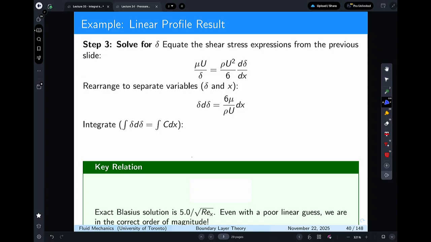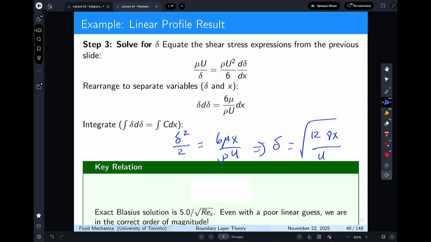And you end up with delta squared over 2 approximately equals 6 mu x over rho u infinity. Delta equals 12 nu x over u.